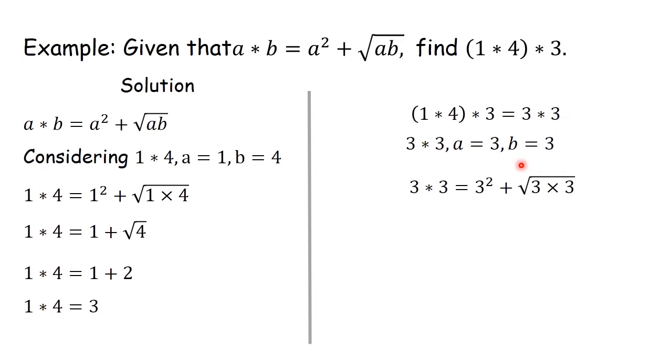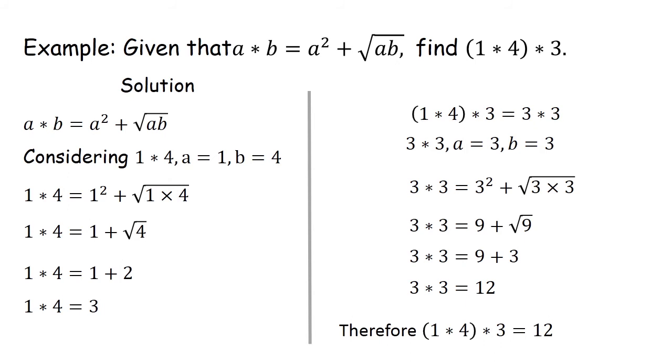We substitute, and we shall have 3 squared plus root of 3 times 3. 3 squared gives us 9, and root of 3 times 3 gives us root of 9. So we shall have 9 plus root 9. Root of 9 is 3, so we shall have 9 plus 3, which would give us 12.